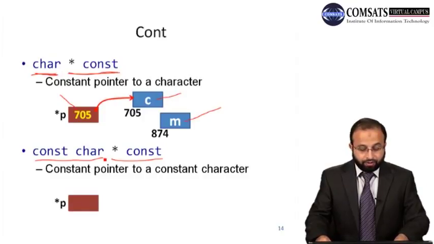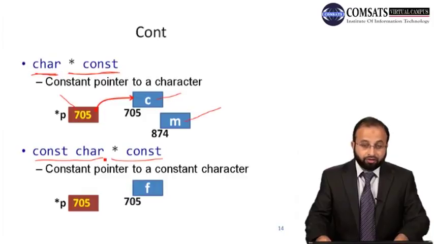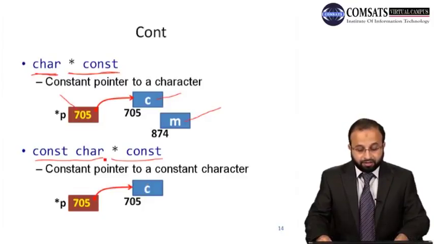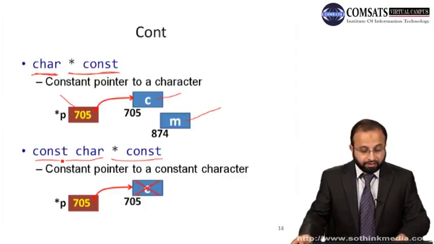So if this is a pointer P, it is pointing to a memory location where we have a value F, and if we want to change that, and we assign the address of that memory location, that is 705, to a pointer, now this pointer points to this memory location, and if we want to change the character F at that memory location to character C, then it is not allowable, because here in this case the character is also constant.